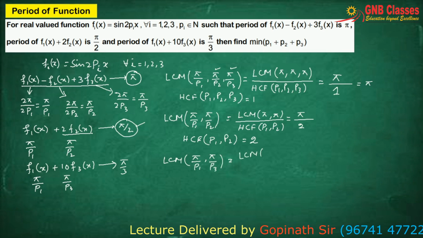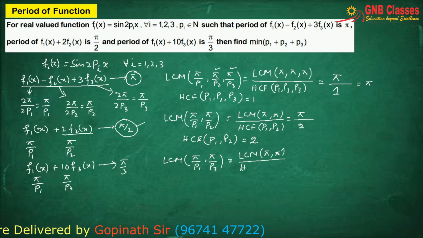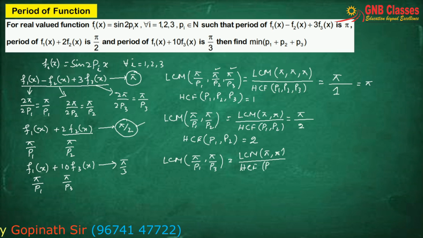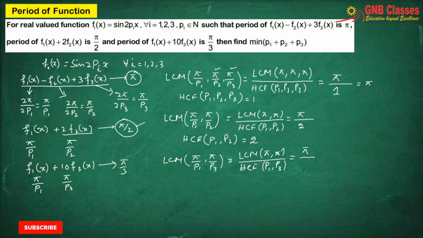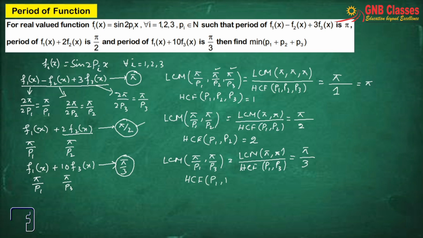Which is LCM of π, π divided by HCF of p1 and p3. LCM of π, π is nothing but π. But HCF of p1, p3 has to be equal to 3 because they have already declared that the period for this function is π/3. Therefore, the conclusion that we can draw from here is HCF of p1, p3 is nothing but 3.